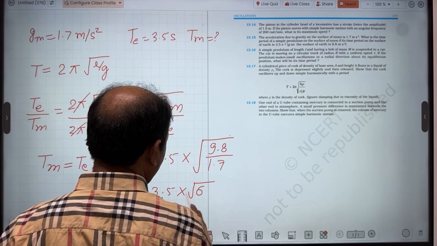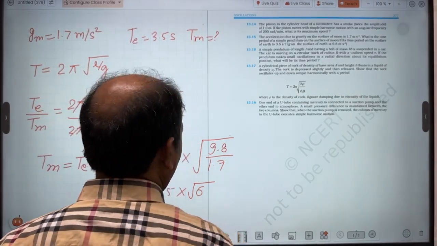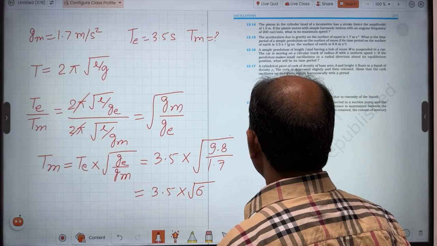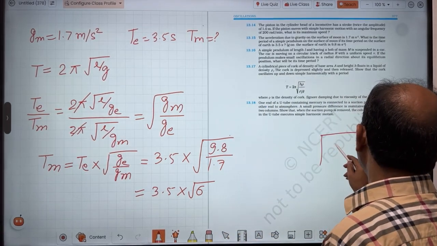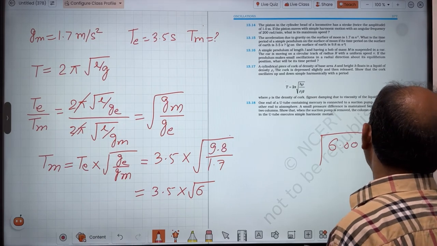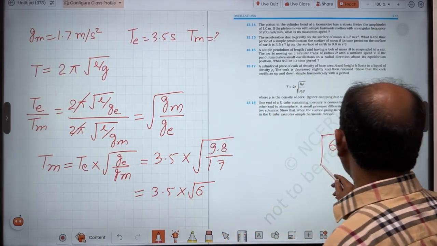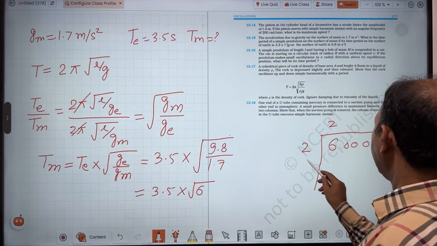So root 6. Now we can evaluate the value of root 6. So what is root 6? Just take 6, put here 0, 0, 0, 0, just up to 2 places of decimal we are going to evaluate it. So 2, 2.